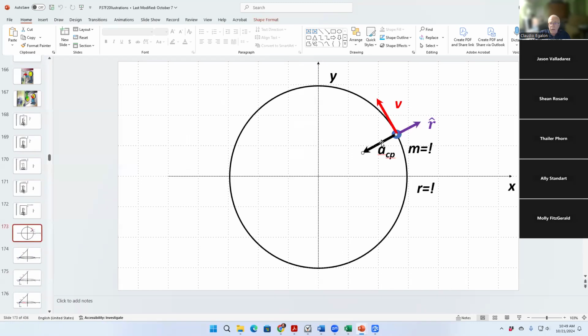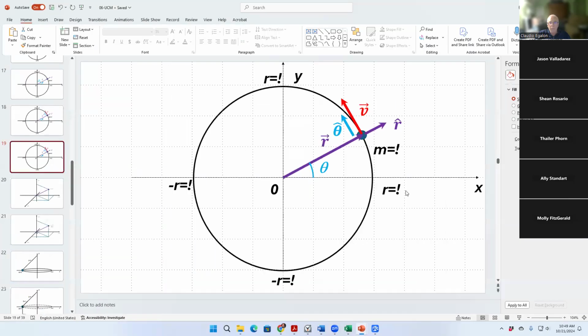Yeah, this one right here that I want. Okay. Now I'm going to erase this one here. All right. So you can see the centripetal acceleration.